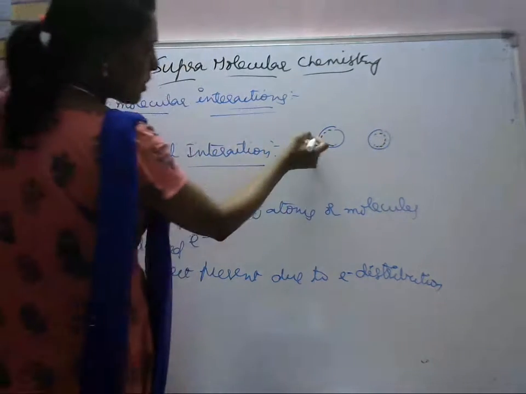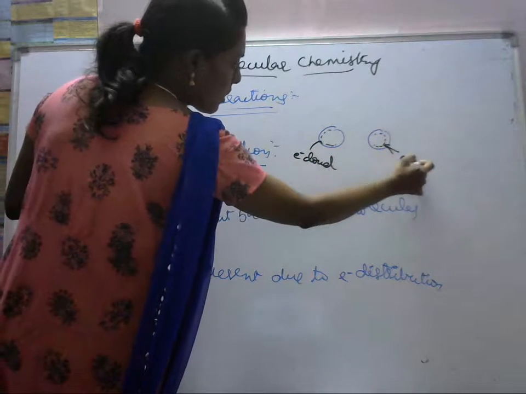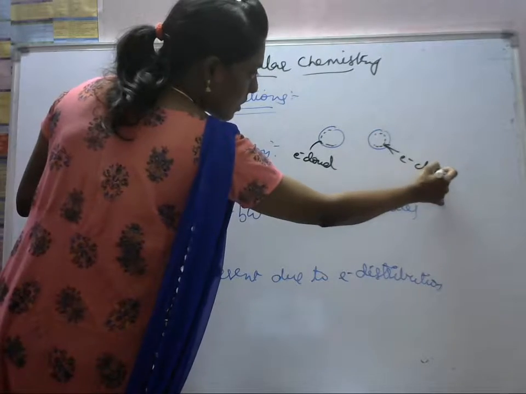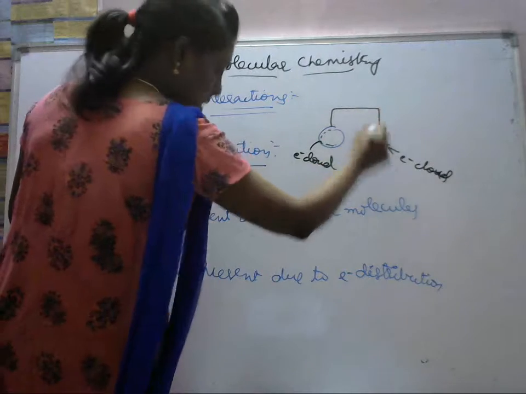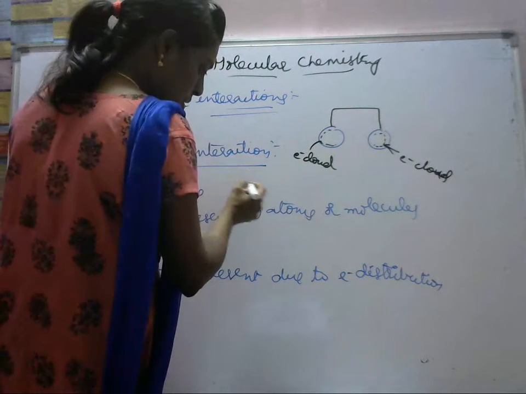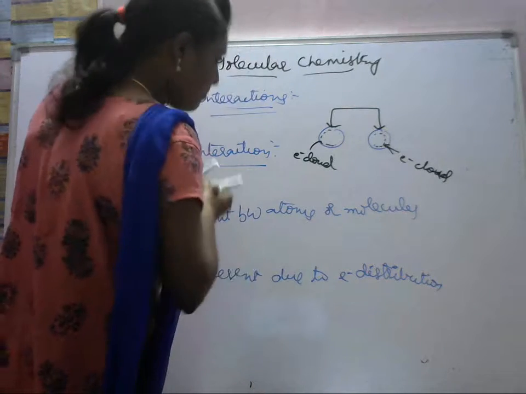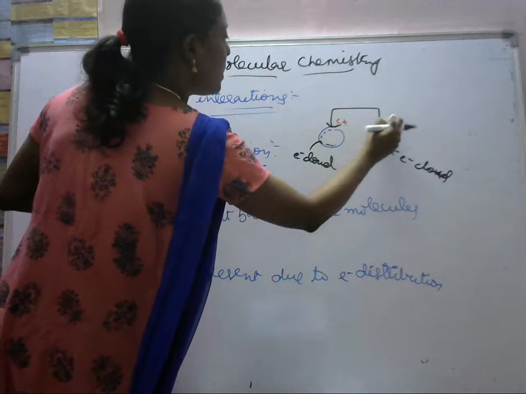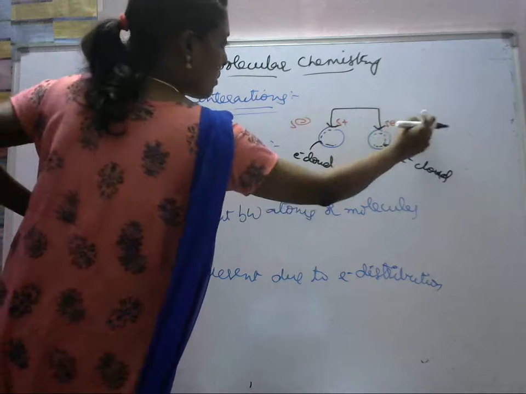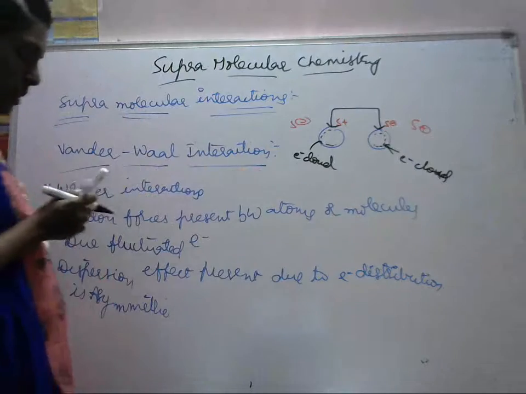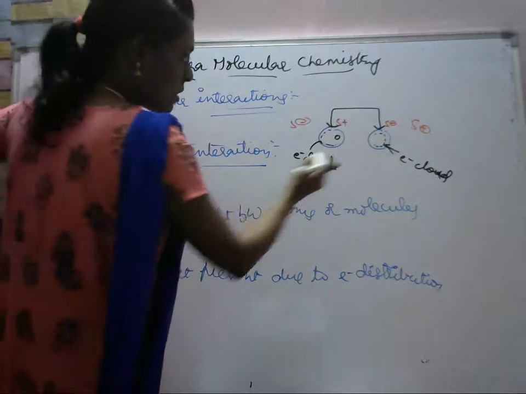Here we have to separate this into delta plus and delta minus, delta minus will be there, delta plus will be there. Actually it is having a nucleus. This is the nucleus.